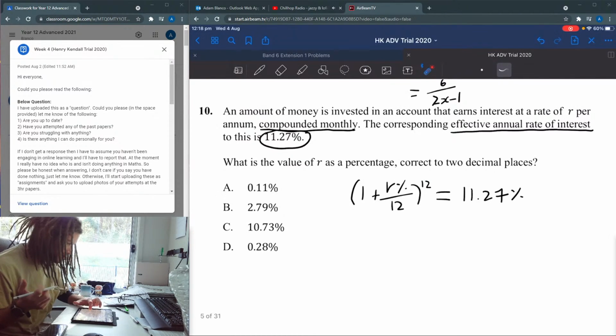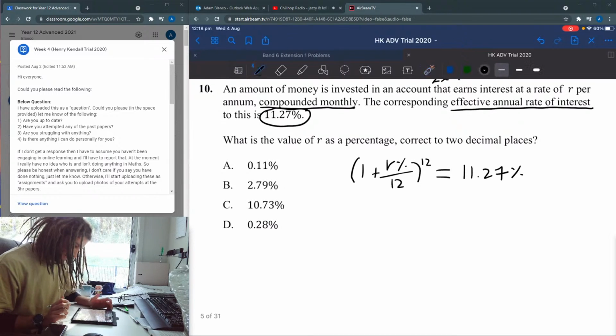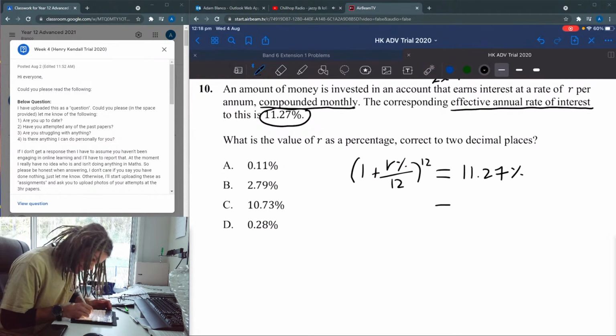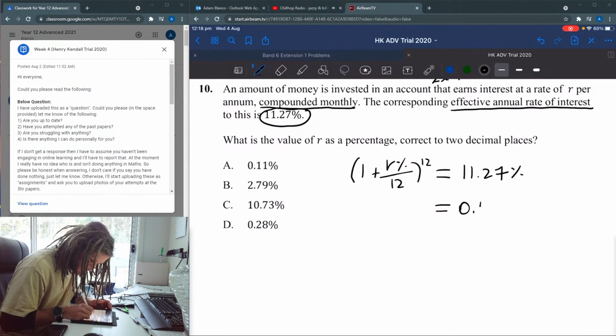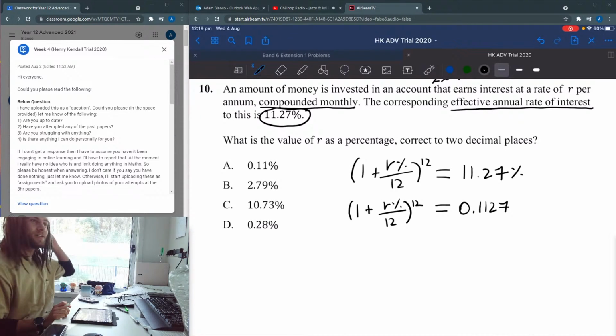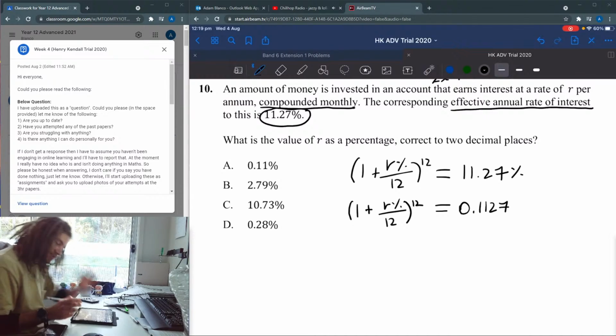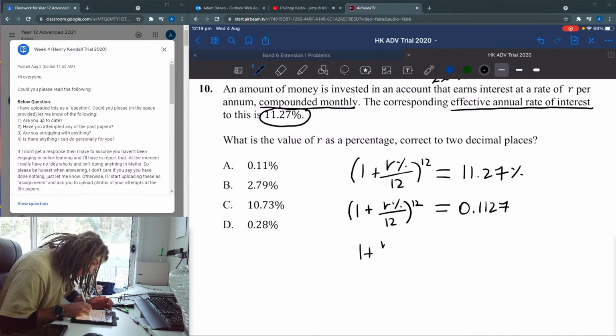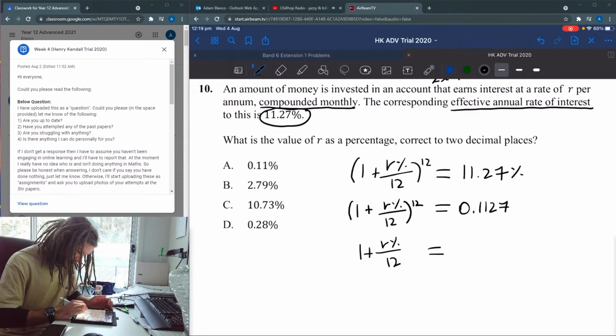Okay, so now I've got an equation, I just need to solve it. I hate these percentages. 0.1127, 1 plus, I kind of want to write this 0.0r, but that's kind of weird. Okay, I've got to get this 12 by itself. Sorry, I've got to remove the 12. So what am I going to do? I'm going to take the log.